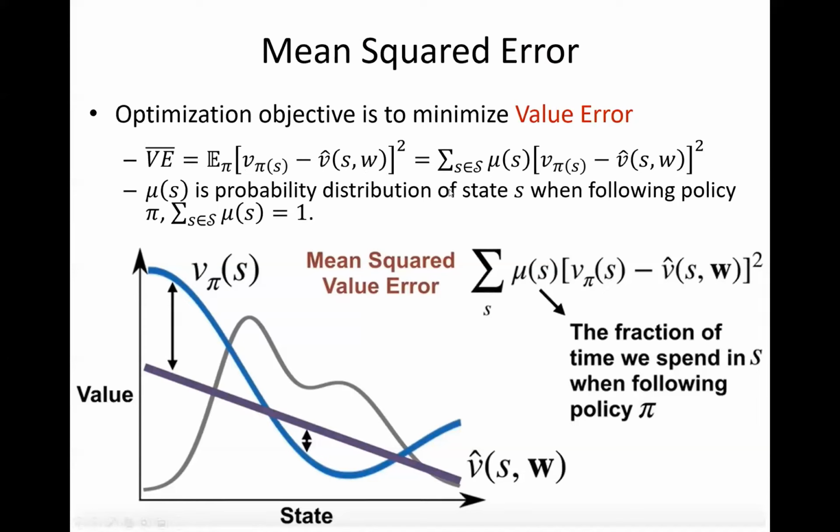So the expectation is taking a sum over all the states with the weighting factor mu(S) as the probability distribution of state S when following policy pi. And the sum over all S of mu(S) is equal to 1. This is just the definition of expectation. So we want to minimize this value error.